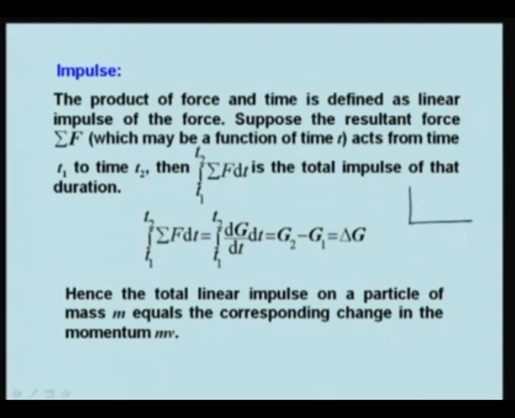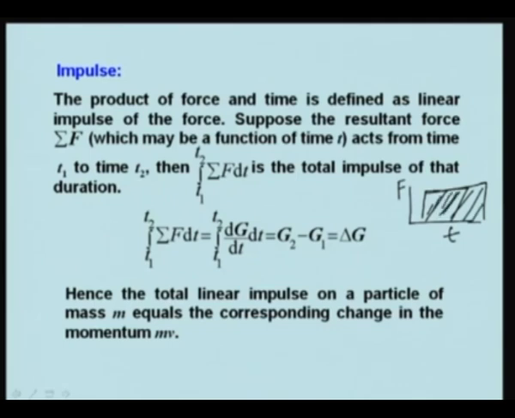If you plot force on this axis in the one dimensional case and this is t, and the force is acting like this, then this area is sigma F dt, that is the total impulse of that duration.